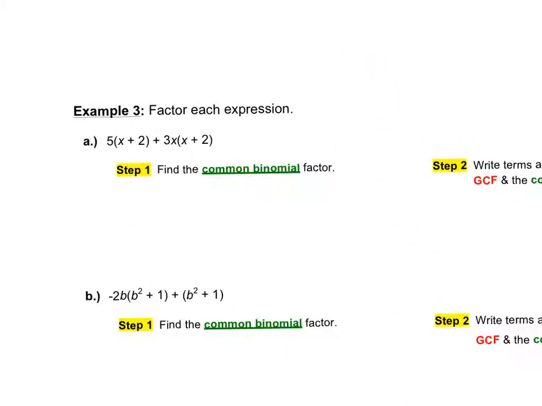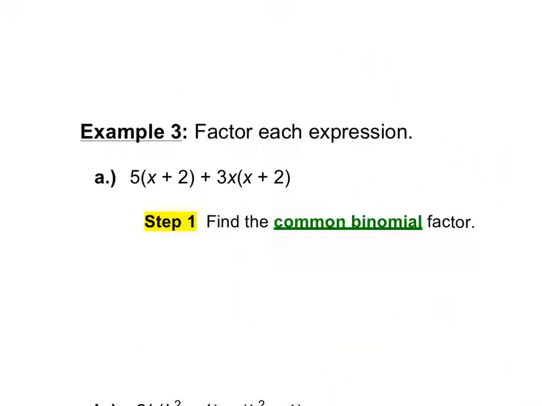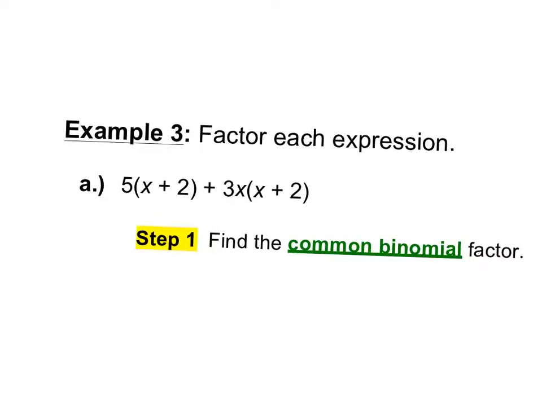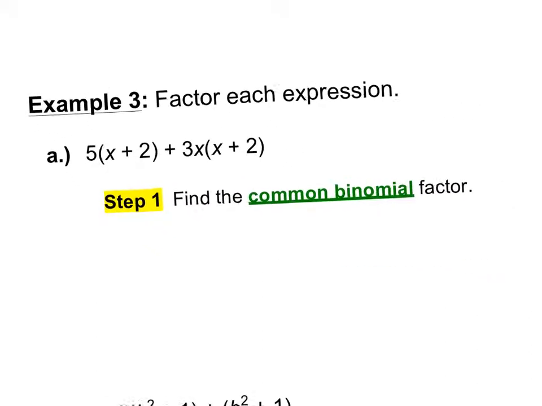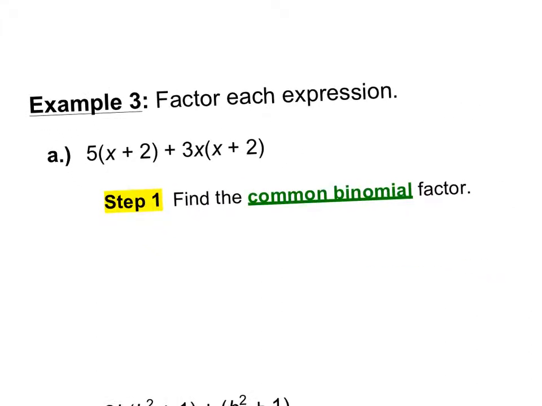Now we're going to get into a little bit more complex factors. In this example, you are asked to find the common factor of this expression with this one. So for the sake of these types of questions, you've got to look at this as one term and this is another. Even though it's not really a term because you would have to distribute, let that addition sign separate those two parts.